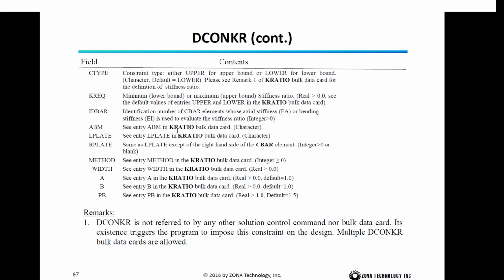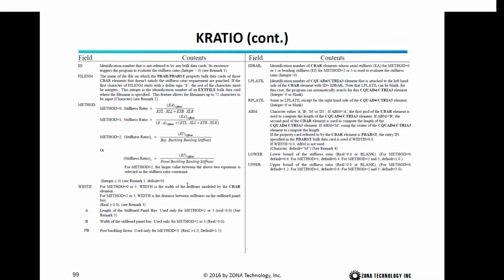AB is the same as the AB entry of the K ratio, and L ply and R ply are the same as the ones defined in the K ratio. And method we already talked about. Width is the entry width in the K ratio. A, B, and PB have all been shown in the K ratio card.